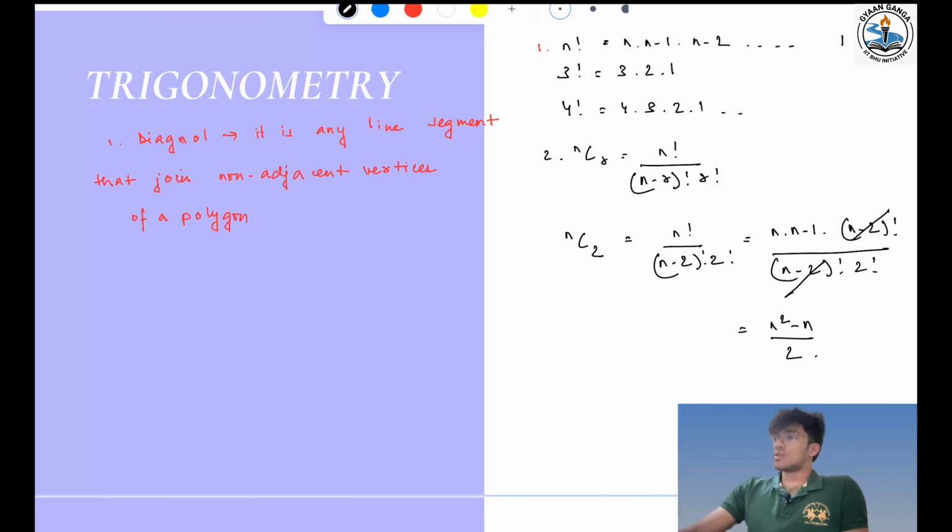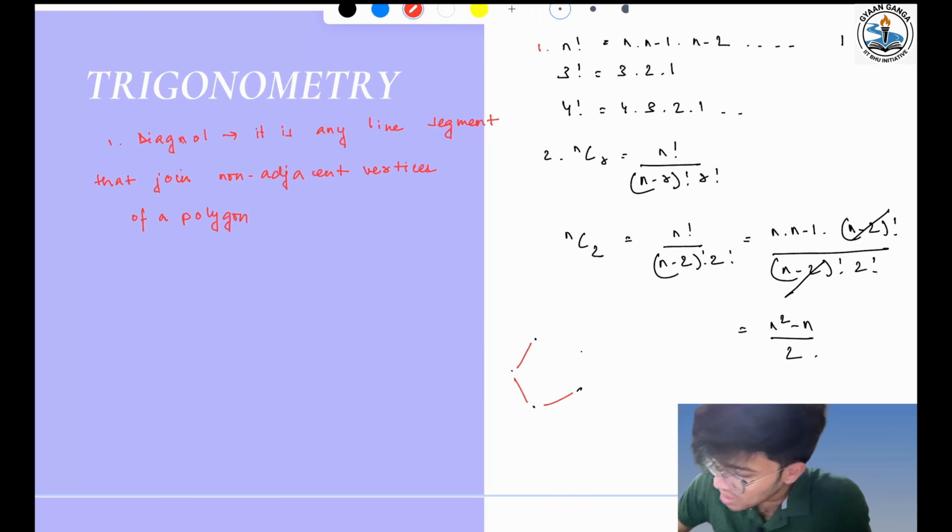Now you would observe that among the line segments that can be drawn between these non-collinear points, let's say you take a pentagon, and these are the vertices and you draw line segments between them.